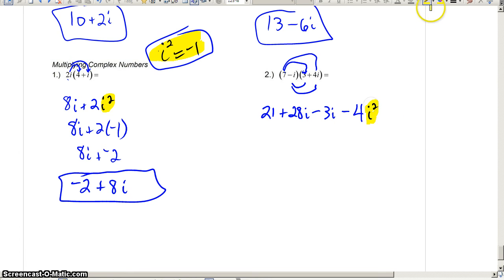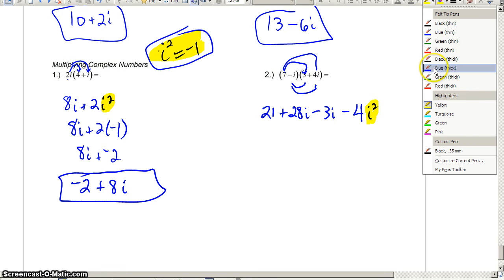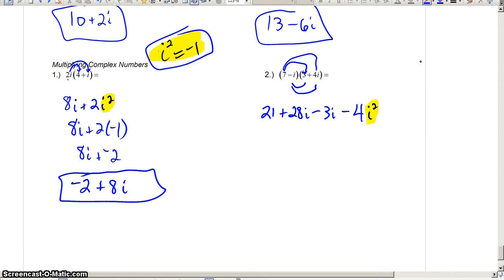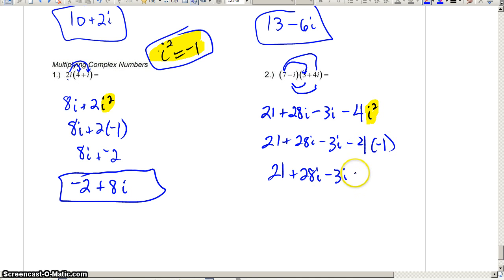By the way, we're going to need this information for the next lesson as well. The i squared is always going to simplify into negative 1. You must simplify it. Negative 4 times negative 1, of course, is just going to be a positive 4. I could have just written minus times a negative is a plus.